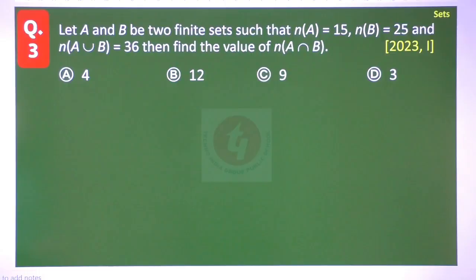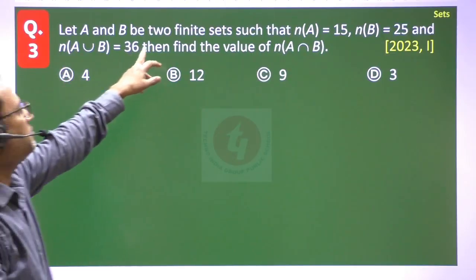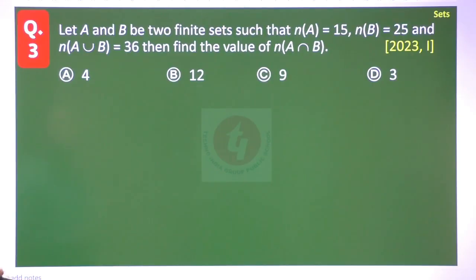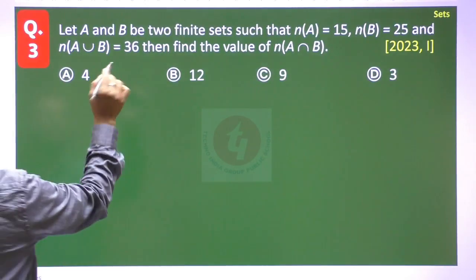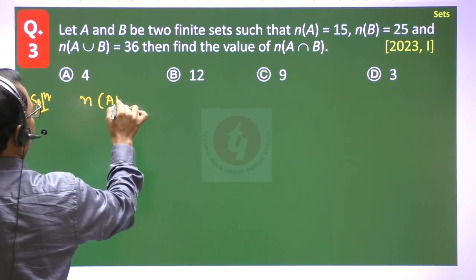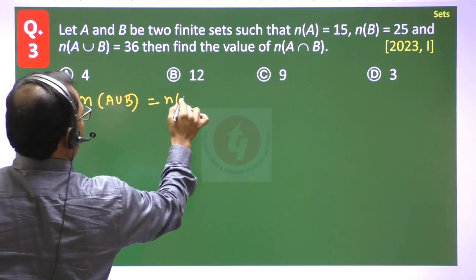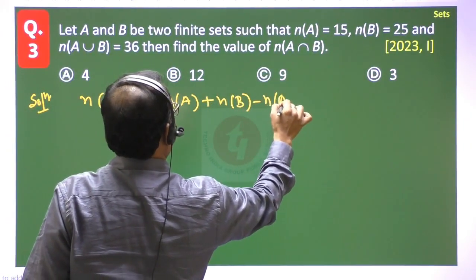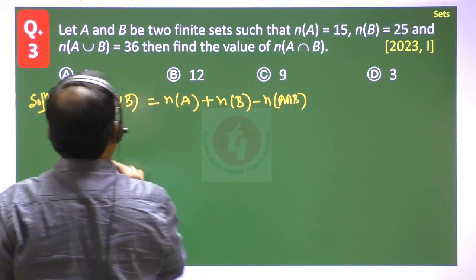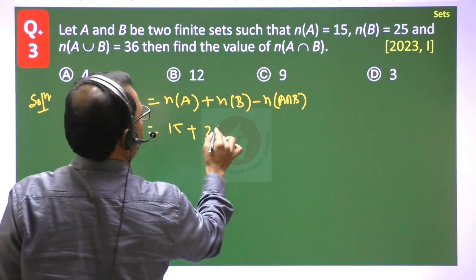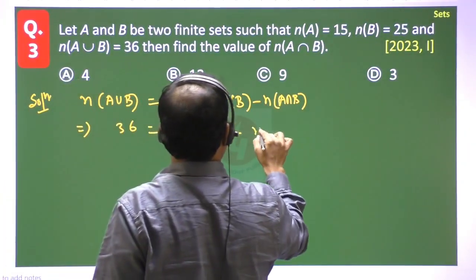Question number 3. A and B are two finite sets such that number of elements in A is 15, number of elements in B is 25, and n of A union B is also given. So nothing to do, just use the addition formula of two sets, n of A union B is equal to n of A plus n of B minus n of A intersection B. So what we have, A union B is 36, 15 plus 25, and A intersection B you have to find out.